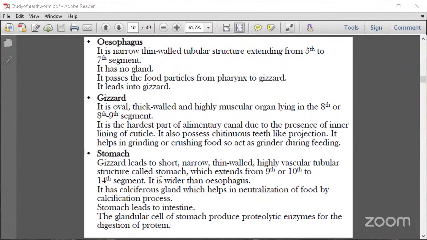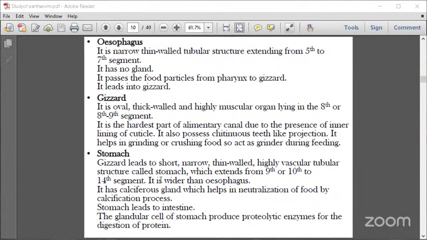And coming to the esophagus, it is a narrow, thin-walled tubular structure extending from fifth to seventh segment. This esophagus has no glands. It passes the food particles from pharynx to gizzard.